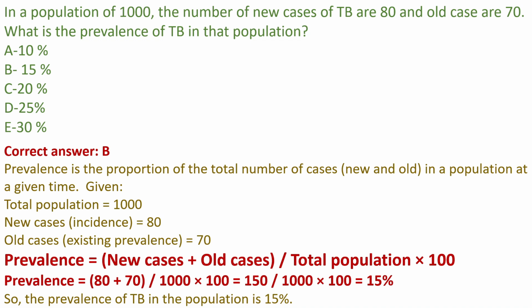Prevalence equals new cases plus old cases divided by total population times 100. Prevalence equals 80 plus 70 divided by 1,000 times 100, equals 150 divided by 1,000 times 100, equals 15%. So, the prevalence of TB in the population is 15%.